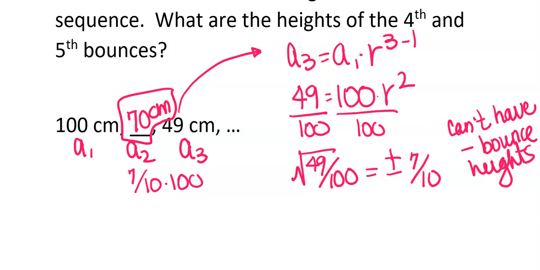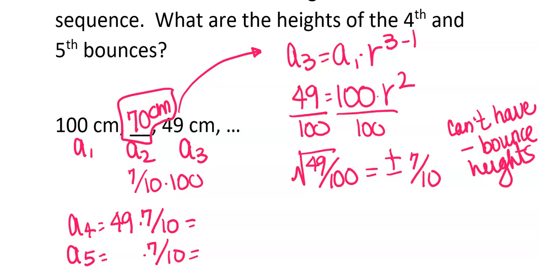So a sub 4 is going to be 49 times 7 over 10. And a sub 5 is going to be that answer times 7 over 10. So 49 times 7 divided by 10 is going to be 34.3.